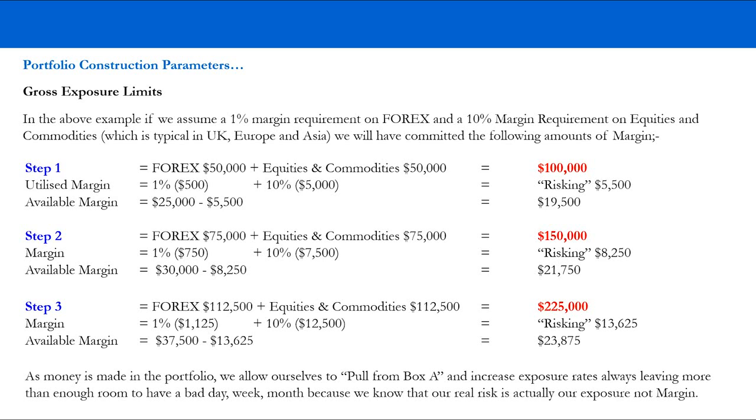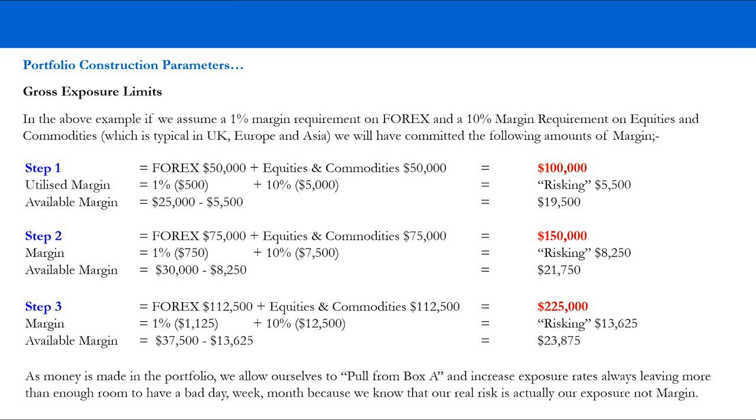So in step 1, we have $50,000 Forex exposure plus $50,000 equities and commodities exposure, therefore giving $100,000 gross exposure. Our utilized margin on Forex is 1%, so we're utilizing $500. On equities and commodities, it's 10%, so we're utilizing $5,000. So overall we're risking $5,500.